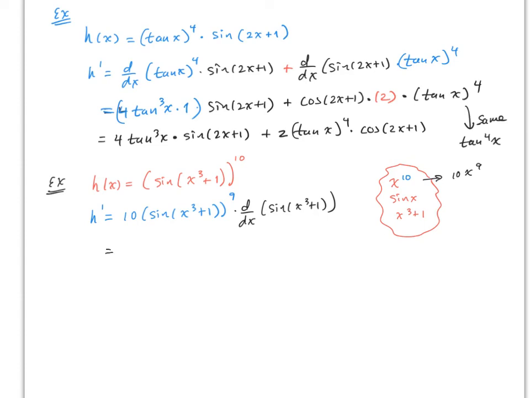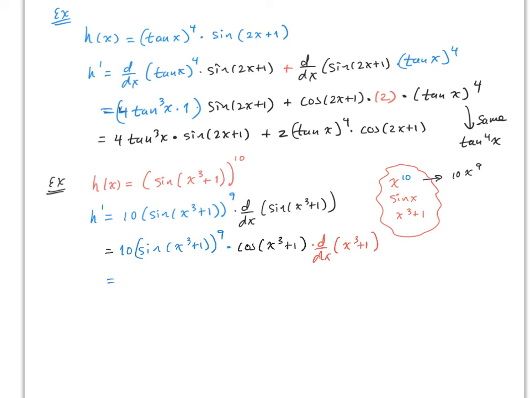So this is what we have so far. You have 10 sine x cubed plus 1, the whole thing to the 9 power, times the derivative of sine, which remember is cosine of x cubed plus 1, times the derivative with respect to x on the inside, which is now x cubed plus 1.